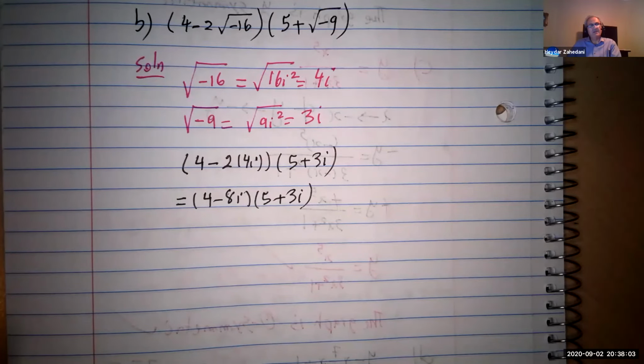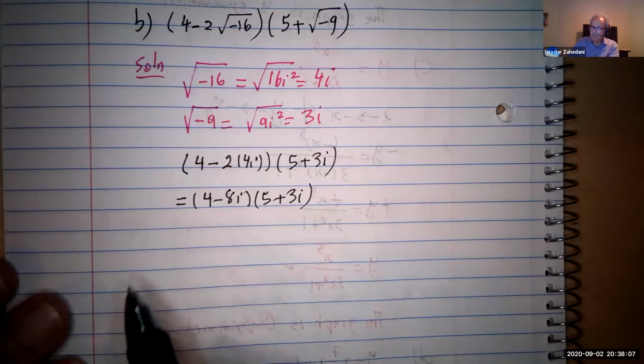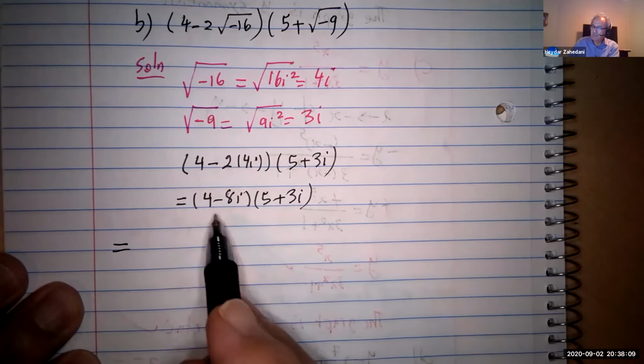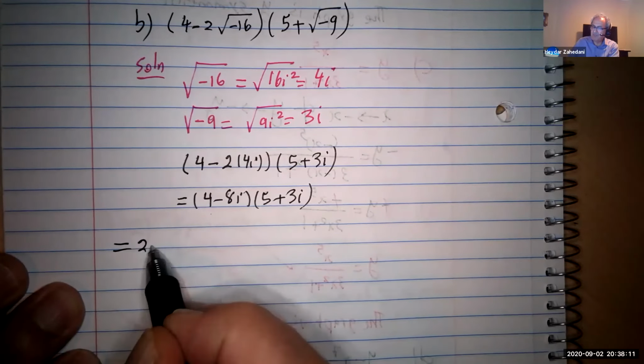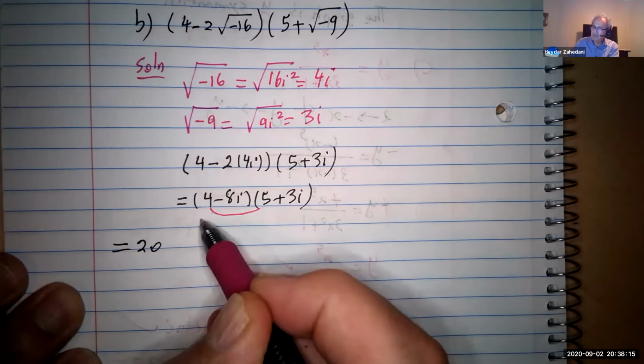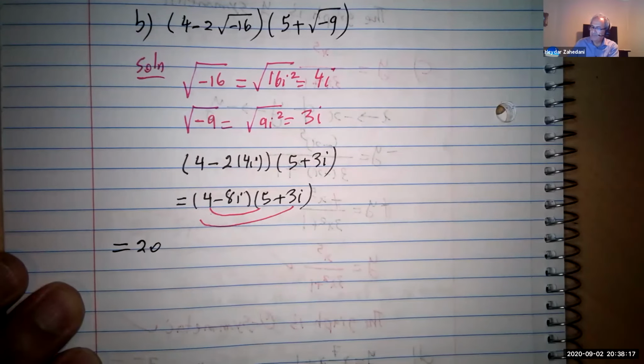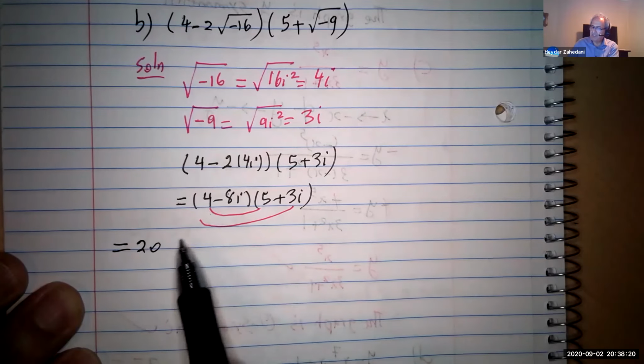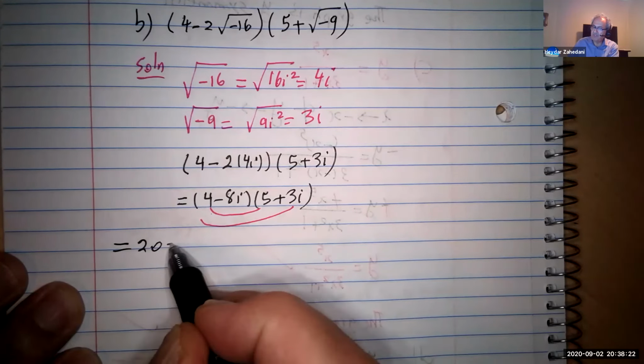(4 minus 8i) times (5 plus 3i), multiply, go forward, FOIL it. It's equal to 4 times 5, which is 20, and 4 times 3, 12i.